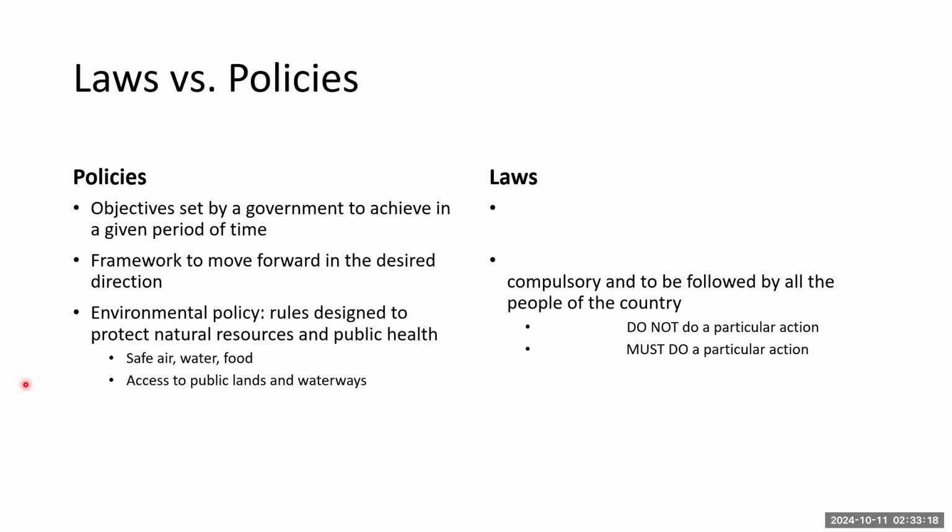And especially in terms of environmental policy, these are often accompanied by various rules that are designed to help the individuals and the other private sectors in our society navigate ways in which they should behave that are going to help the government overall achieve those policies.